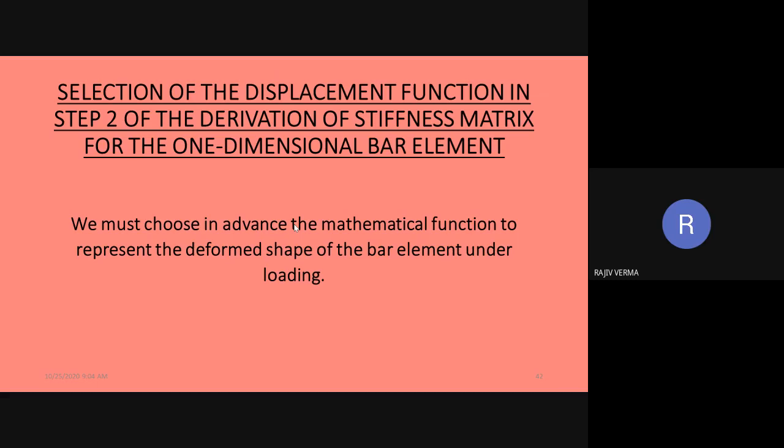But when the same member is under compressive loading, obviously its length is going to reduce because the forces are trying to compress the member. But if you go on increasing the compressive force, there is going to be a situation when the member is going to buckle.